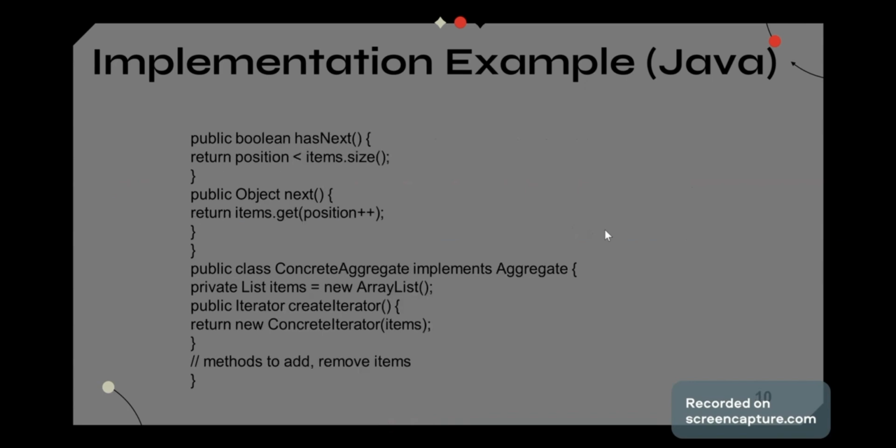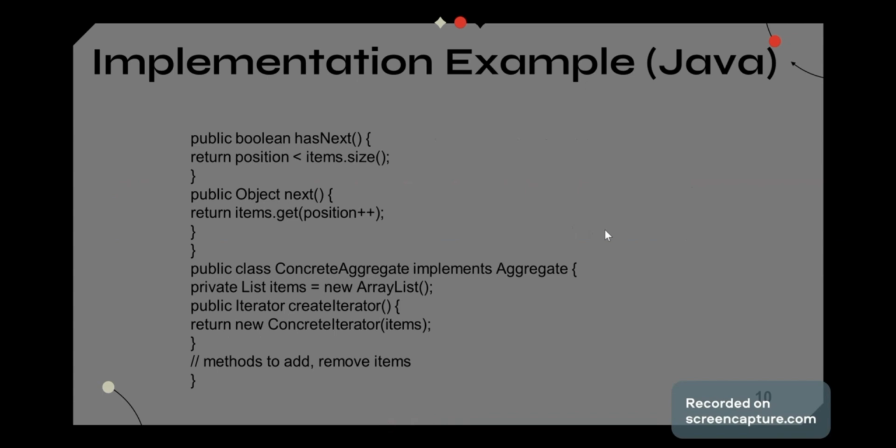Continuing that code, we have the hasNext method of the concrete iterator. It checks if the current position is less than the size of the items list. If it is true, it means that there are more items available in the collection.